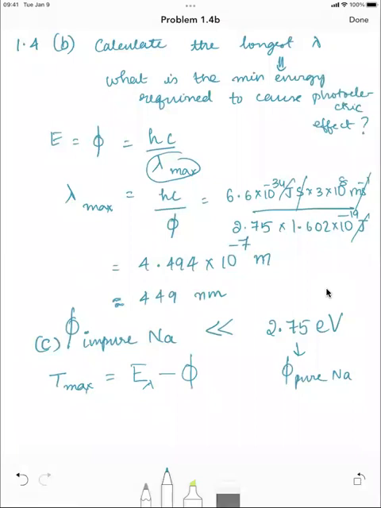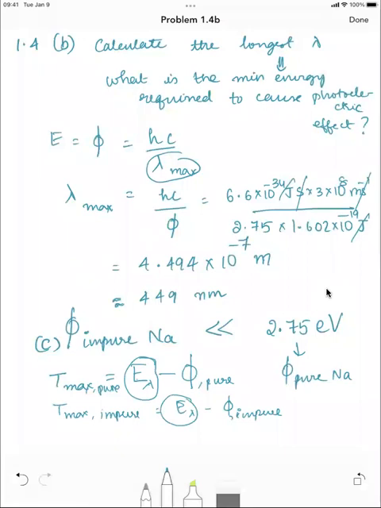So if the energy of the given wavelength remains the same for both pure and impure Na, we can write the same thing for Tmax impure. This is the same thing in both the cases, right?